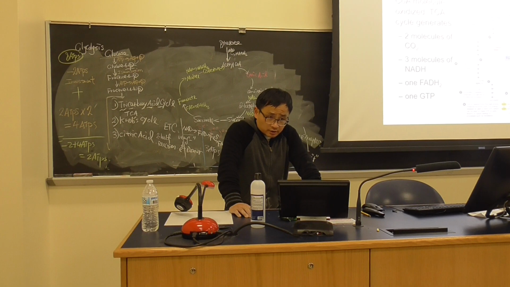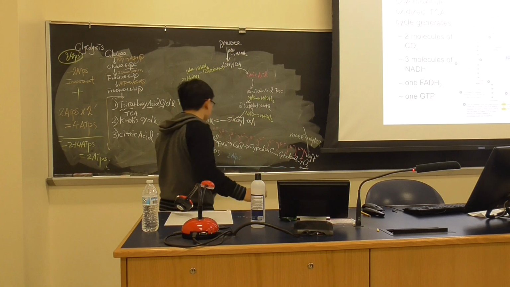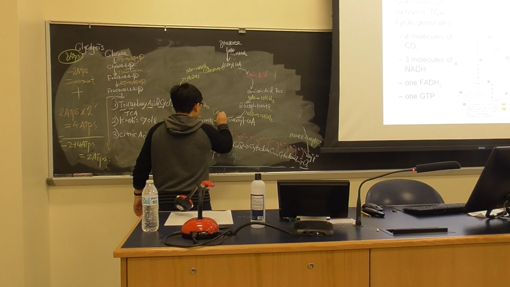ATP is an energy currency, but very similar to ATP, we have GTP, CTP, and UTP. All those are also energy currency. So here GTP is an energy currency. This equilibrium, ADP becomes ATP.